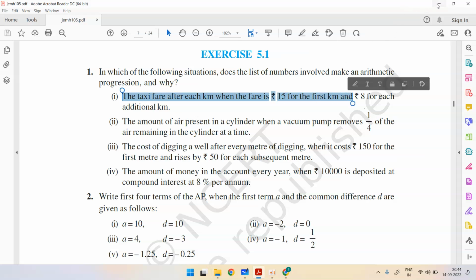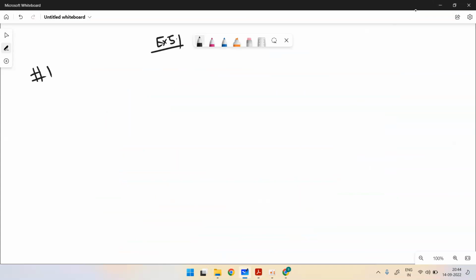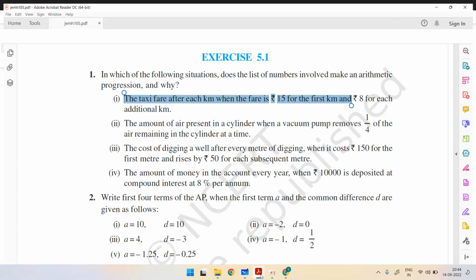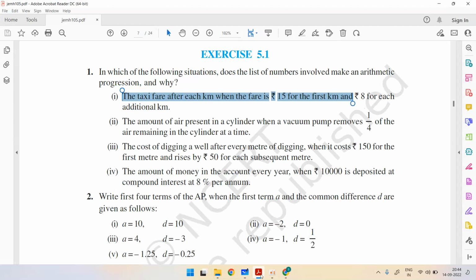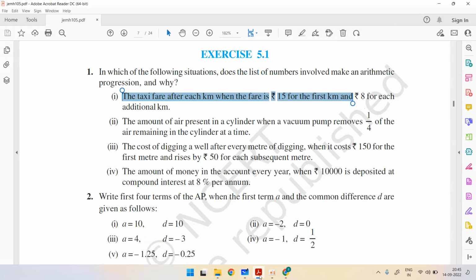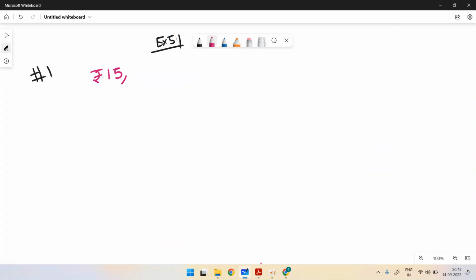So for the first kilometer, you can write the series: the first kilometer is rupees 15. The next is rupees 8 for each additional kilometer. This is for the first kilometer, this is the second kilometer. So this is 15 plus 8, which is nothing but rupees 23.